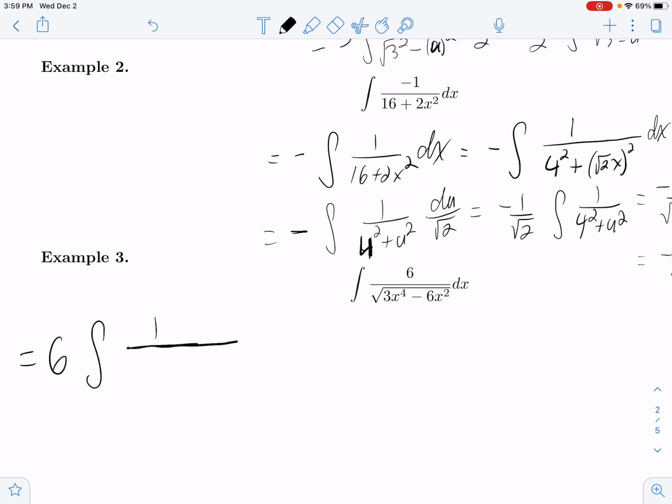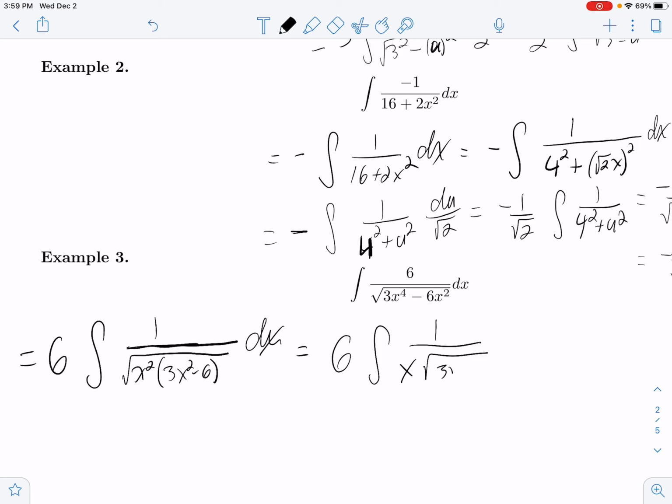So I can factor out x squared, 3x squared minus 6 dx. Right? Factor out that x squared, which then gives us 6 times the integral 1 over the square root of x squared, which is just x, times the square root of 3x squared minus 6 dx.